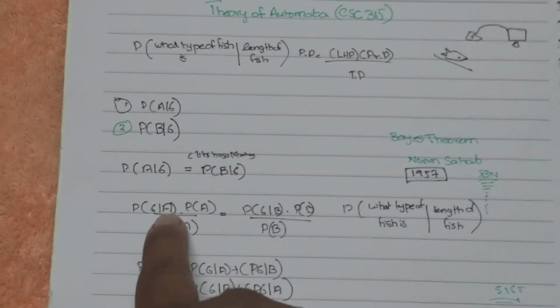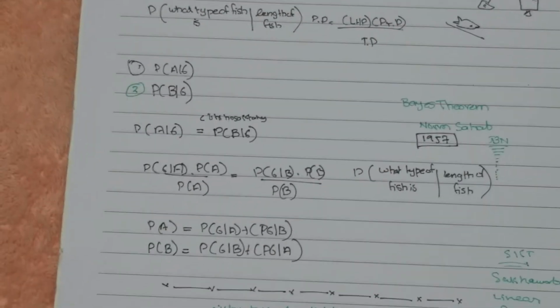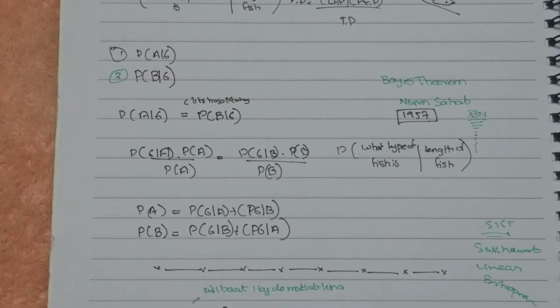So this whole thing cancels out, and in the compiler we just write the simplified form.